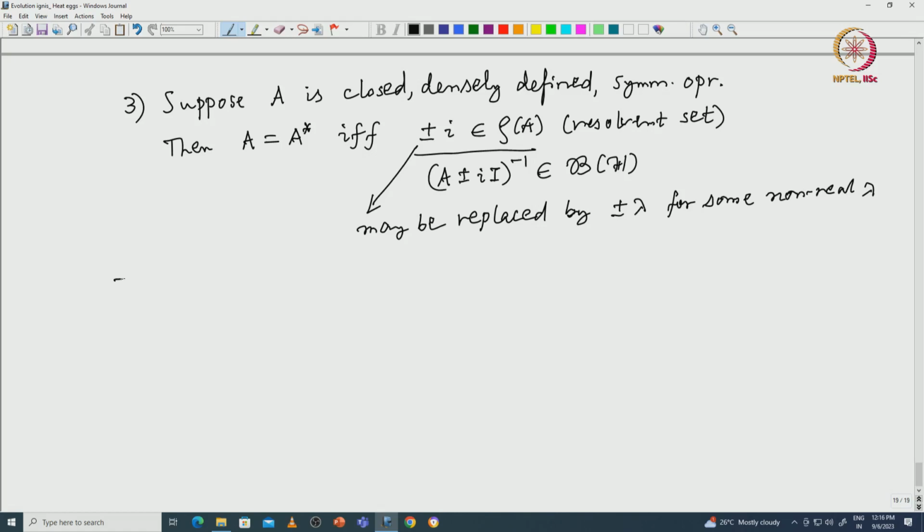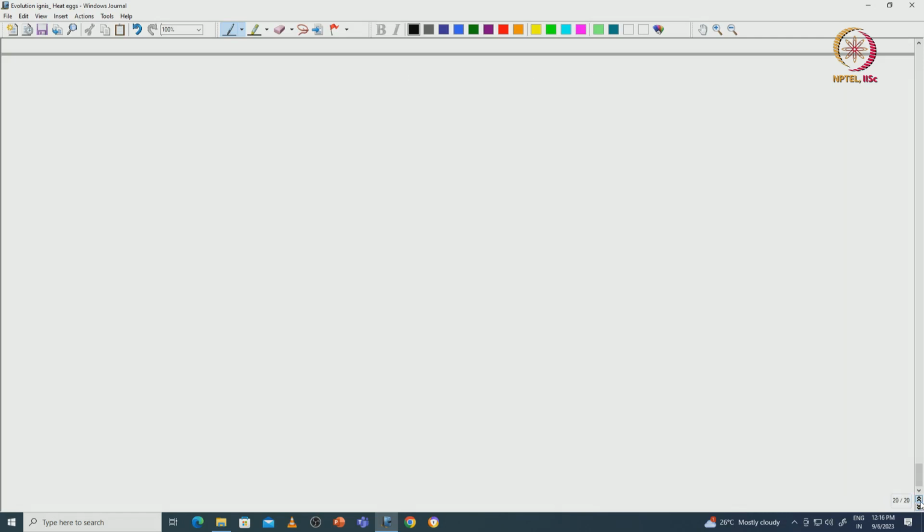So, one final topic of discussion in this operator theory before we move on to proper semi group theory and then applications to PDE. Okay, so this is perturbation results.